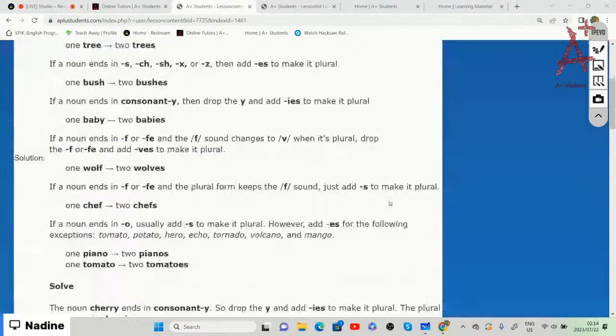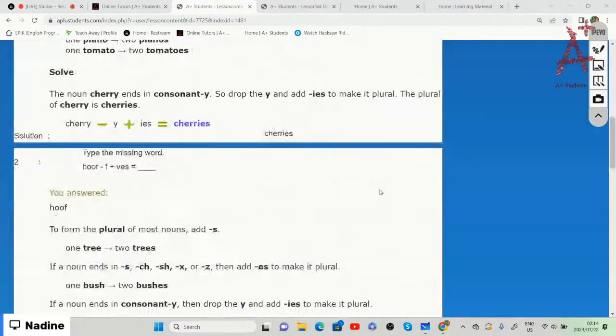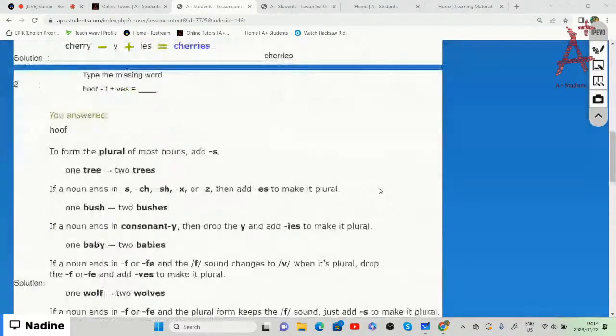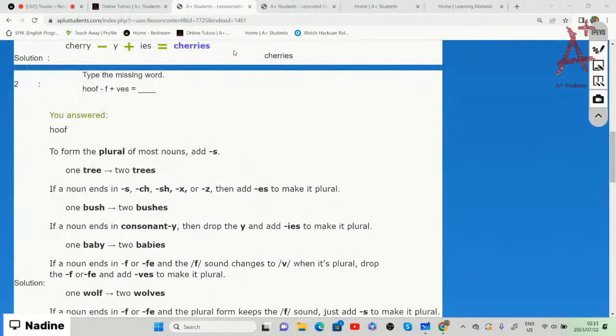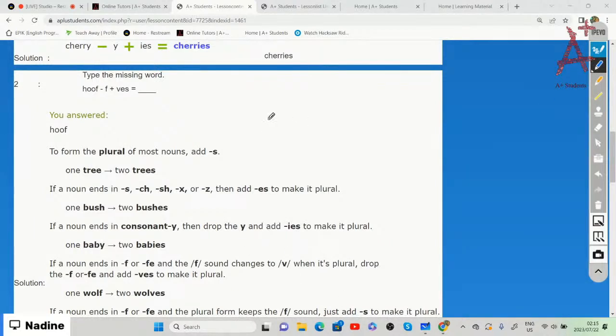All right. We need to type the missing words. Wolf plus VES. We must type the word and it will be wolves. So hooves.